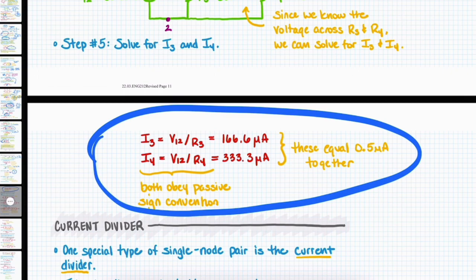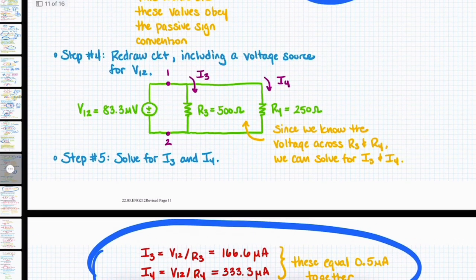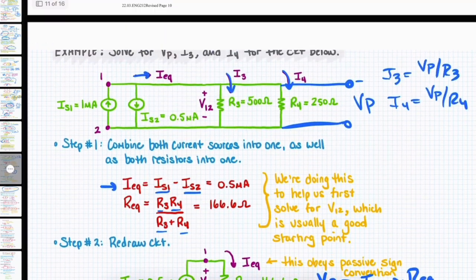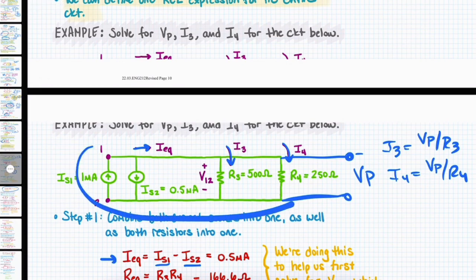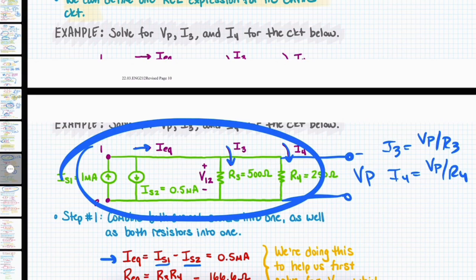But this type of circuit is a variation on another subset of the single node pair that we call the current divider. So the voltage divider is a special type of single loop circuit, and the current divider is a special type of single node pair circuit.